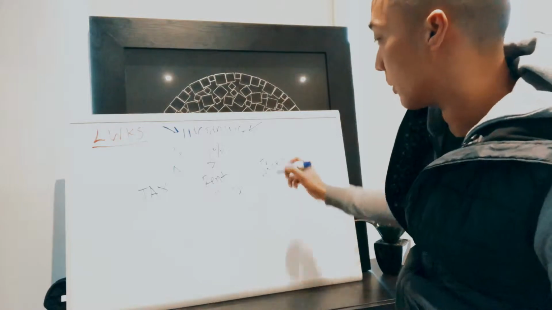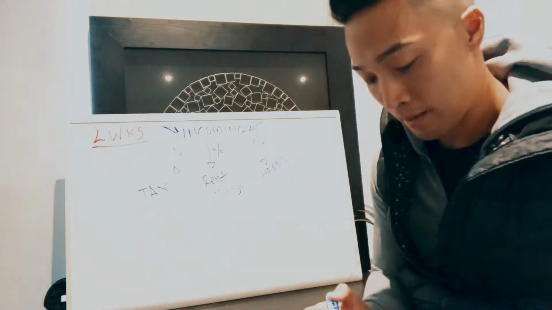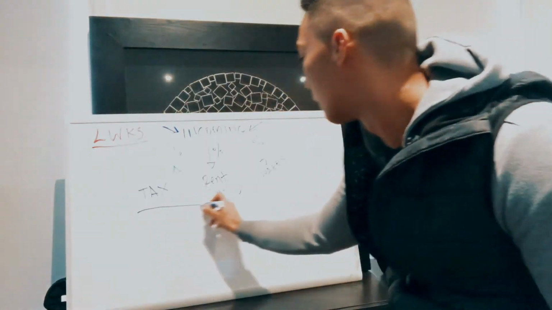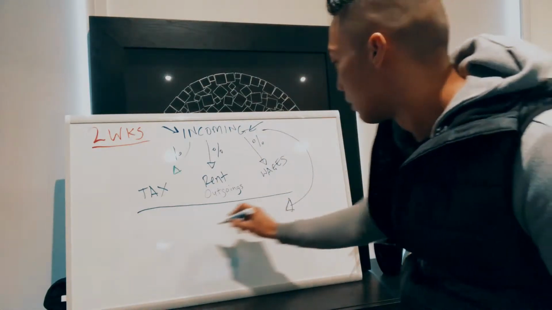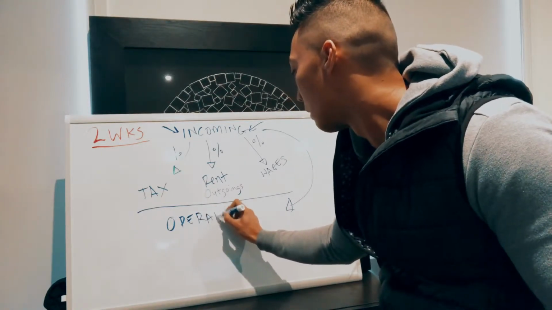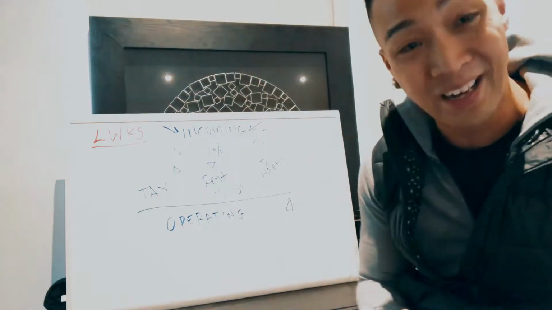So that goes into an account here, which is also worked off an operating percentage of the incoming. Then anything that's left over goes into an operating account.